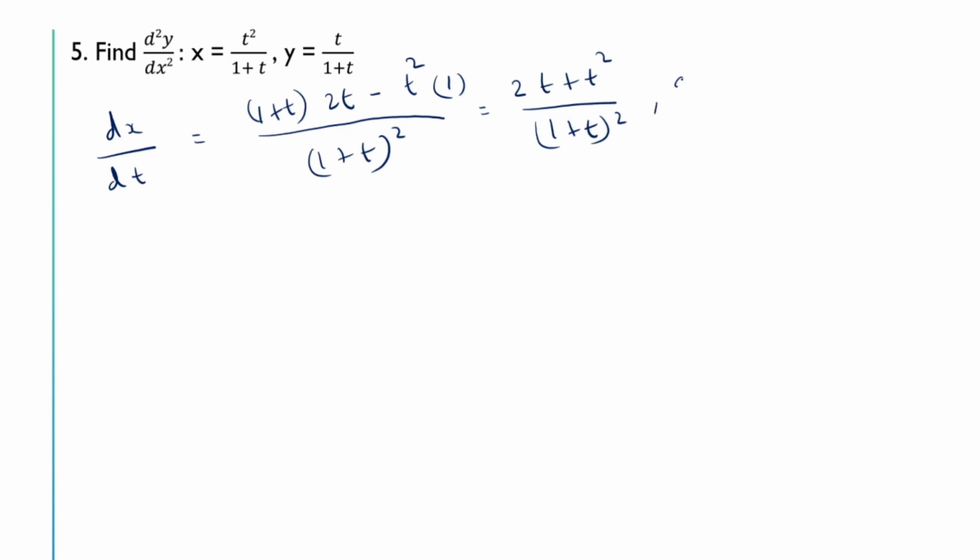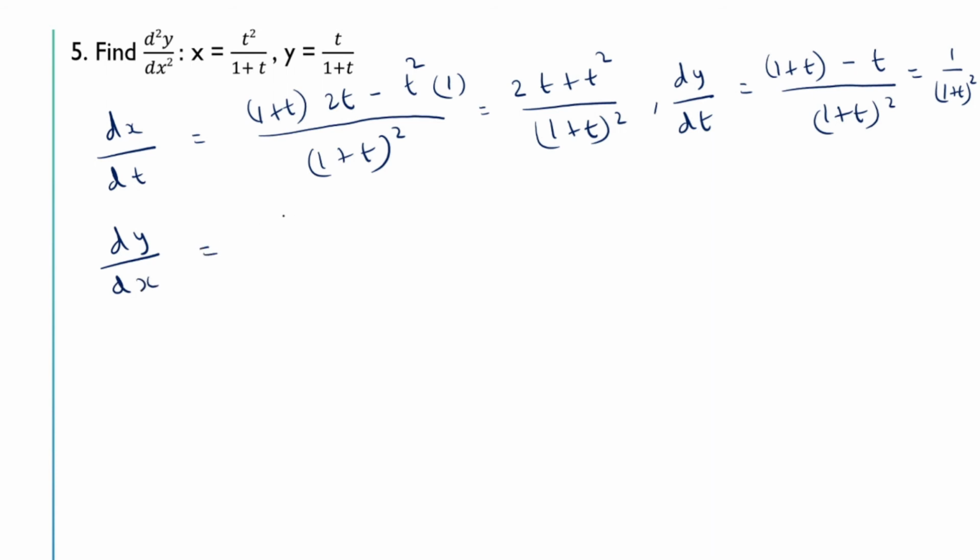Then dy by dt is 1 plus t the whole square into 1 plus t into derivative of numerator is 1 minus t, or this is equal to 1 by 1 plus t the whole square. Now dy by dx is equal to dy by dt divided by dx by dt.